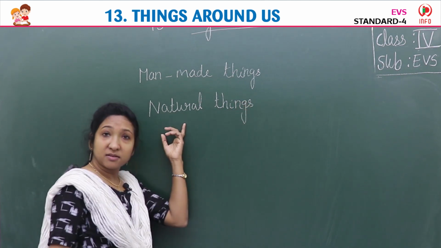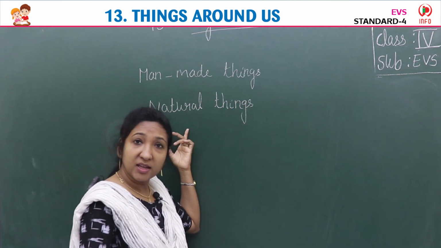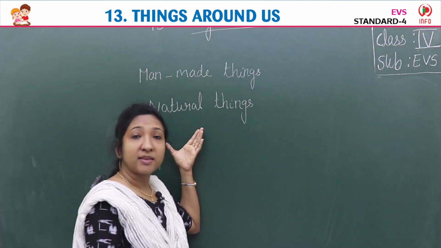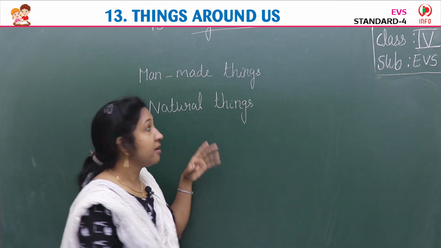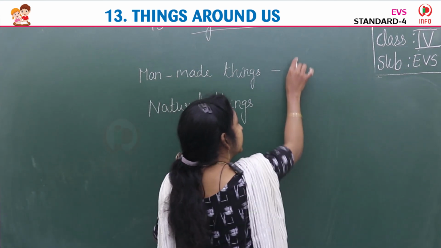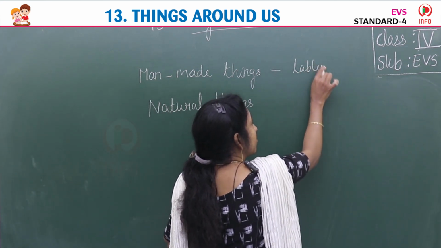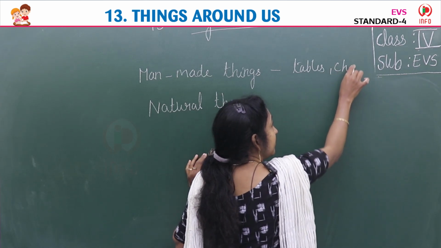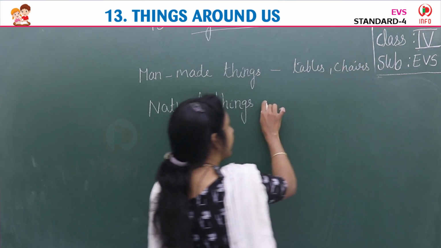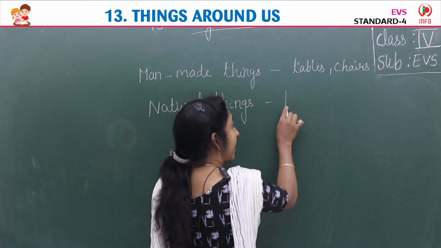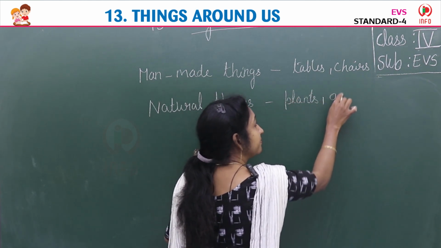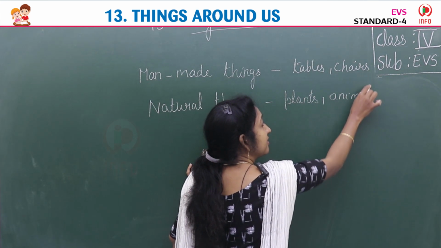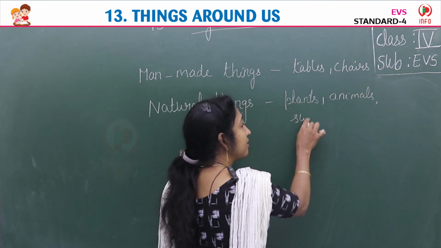These are the things which are occurring naturally in the world or in the earth. They are not made by man. So those things are called natural things. Man-made things are tables, chairs, etc. But natural things are plants, trees, animals, then sun, moon.